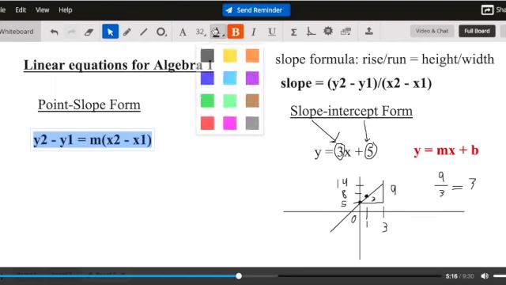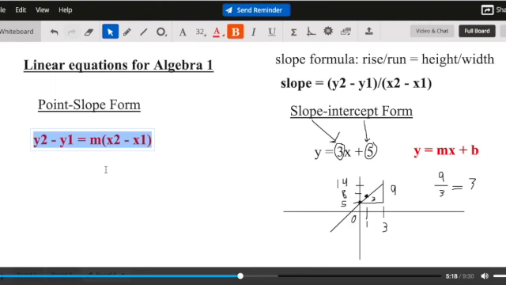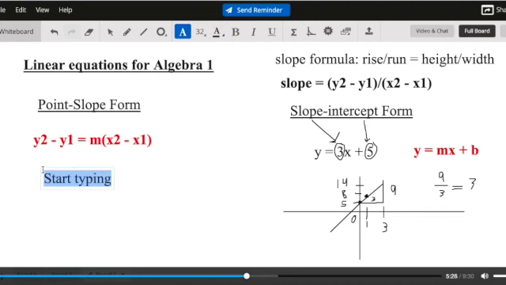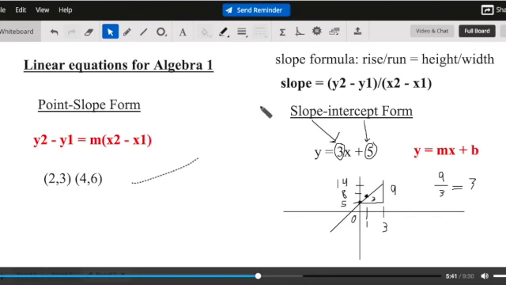So the problem they gave you could be something like this. Say they give you a point like 2, 3, and 4, 6, right? They're not even necessarily going to tell you the slope, because you can calculate the slope using the slope formula. You have 2 points, x2, y2, x1, y1.